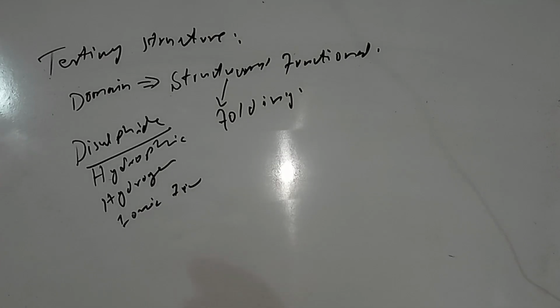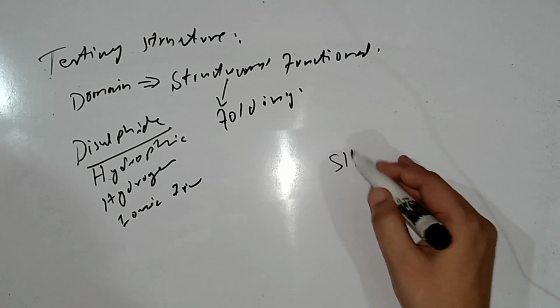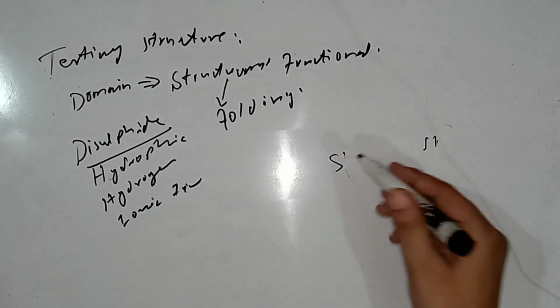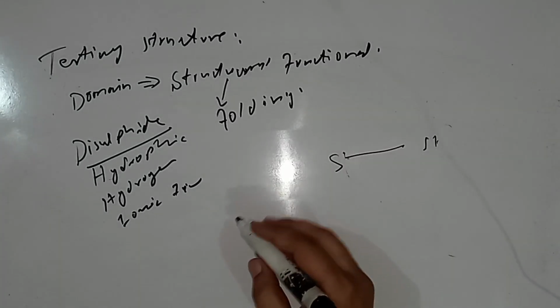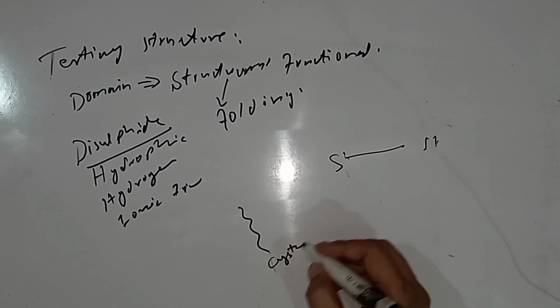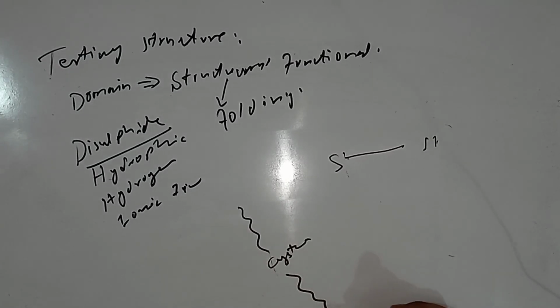We previously discussed cysteine residues. Cysteines are sulfur-containing amino acids. When they come close to each other, they interact and form a disulfide bond. Supposedly in an amino acid chain, here was a cysteine residue, then the chain continued and here was another cysteine residue.